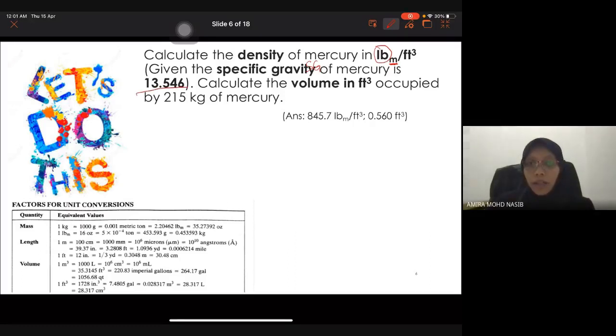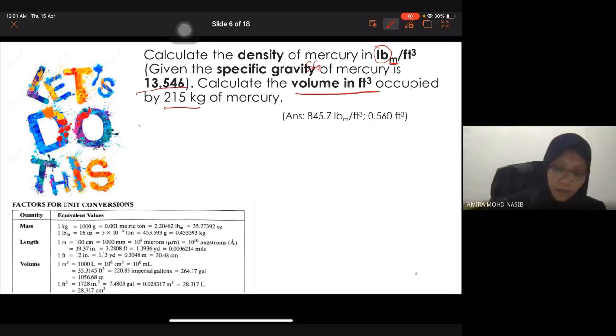The second question: you need to also calculate the volume in feet cube occupied by 215 kilograms of mercury. So how are you going to do this? One by one. Find the density of mercury in pound mass over feet cube first.